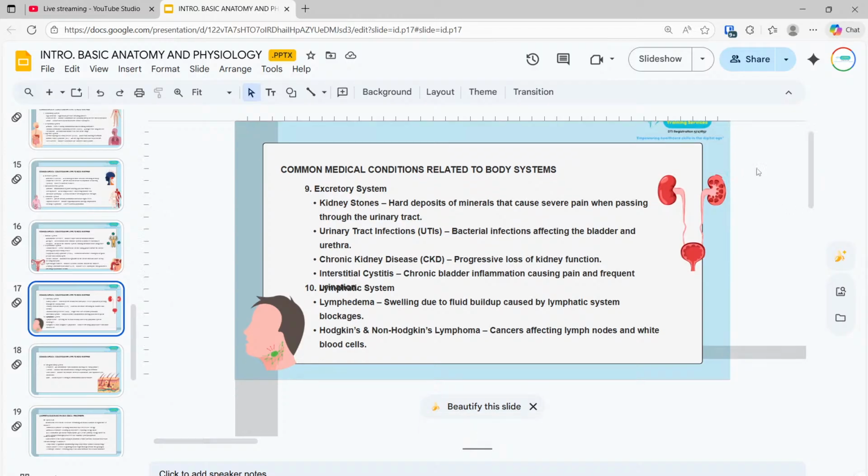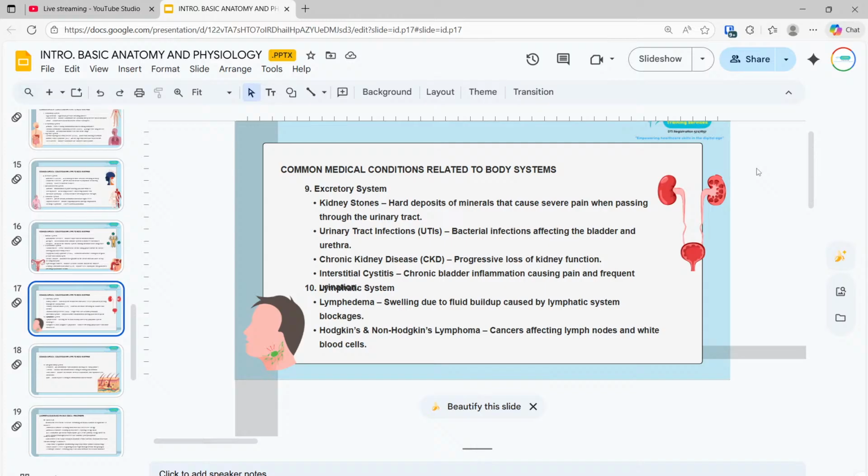Okay, let's continue. For the excretory system, we have kidney stones. These are hard deposits of minerals that cause severe pain when passing through the urinary tract. And then urinary tract infections or UTIs. These are bacterial infections affecting the bladder and urethra.